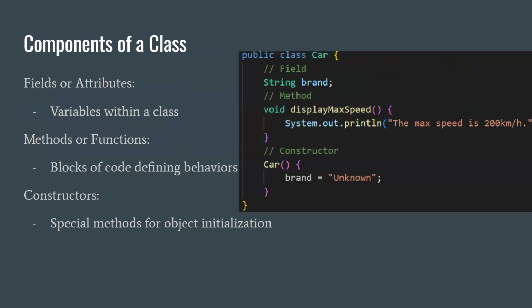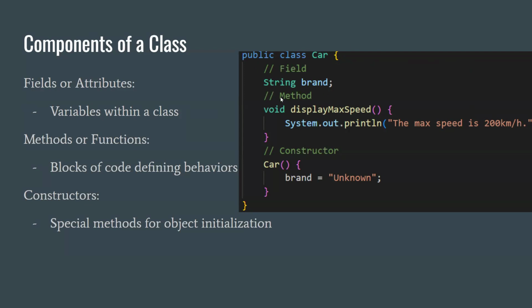Components of a class. In a class, fields define the properties of the objects, like the color of a car or the balance of a bank account. Methods define what actions the objects can undertake, like accelerating a car or depositing money in an account. Constructors are special methods called when an object is created, setting up its initial state.